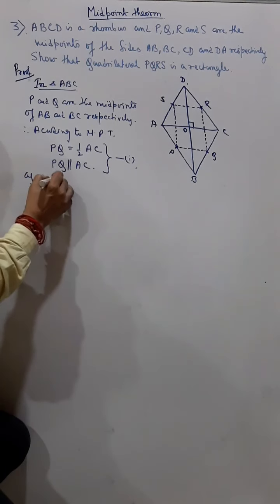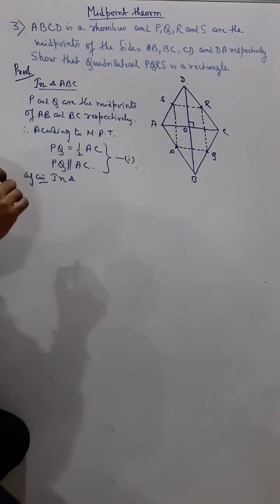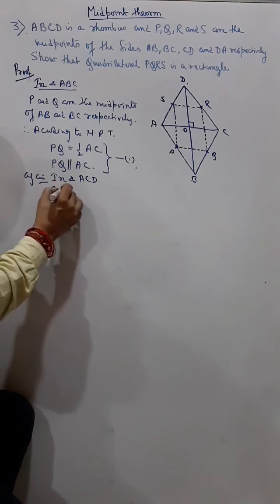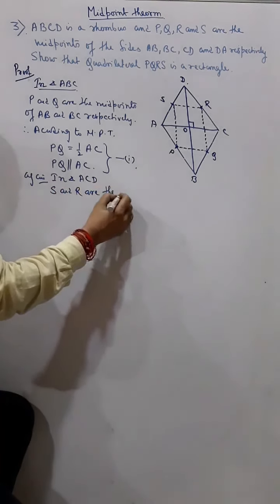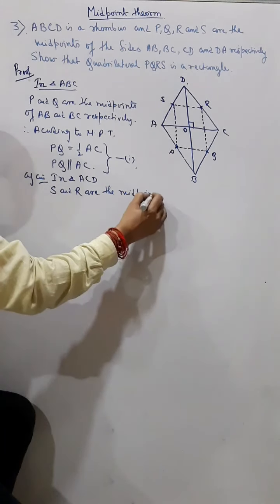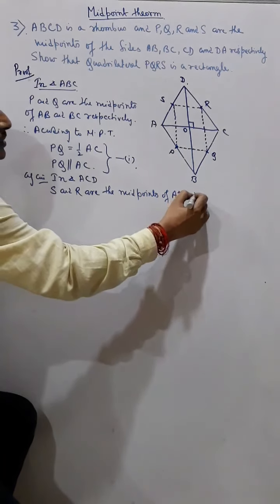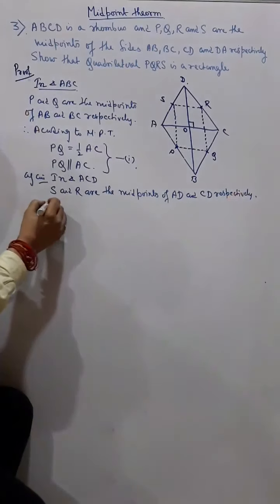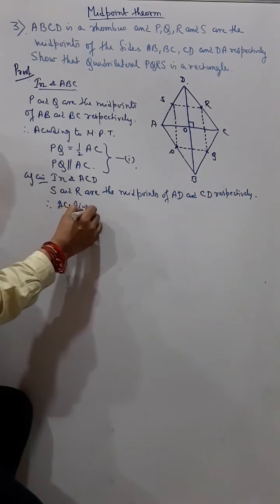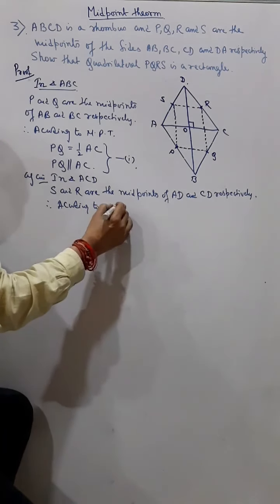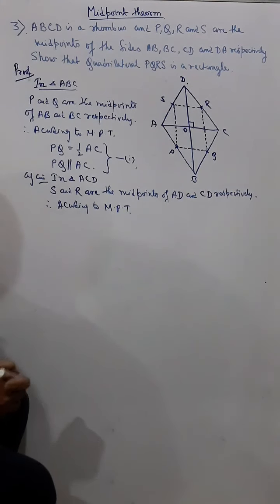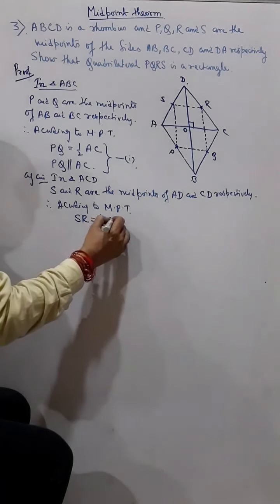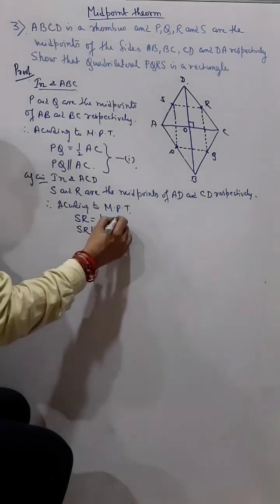Again, we can see that in triangle ACD now, here also we can say that S and R are the midpoints of AD and CD respectively, and therefore here also according to midpoint theorem, SR is half of AC and SR is parallel to AC.